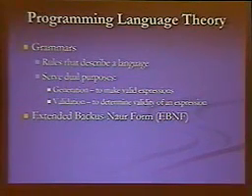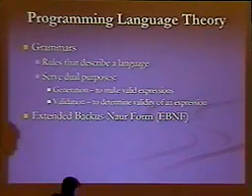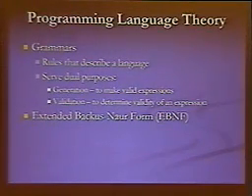The bits we're interested in are all related to languages and translating one language to another, which is pretty much all of programming language theory. The most important concept is the idea of a grammar, which is a set of formal rules describing the structure of valid expressions in a language. Grammars serve two purposes: they can be used generatively to produce valid expressions, or they can be used to determine whether a given string is a valid expression in a language.